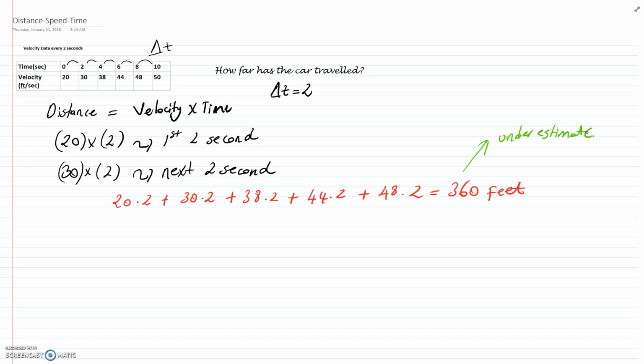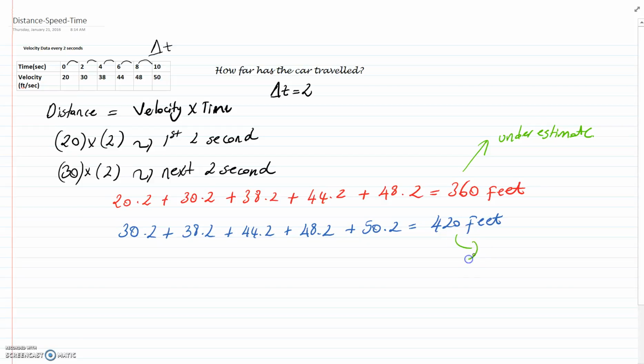So let's see that. If I can do this calculation: 30 times 2, 38 times 2, 44 times 2, 48 times 2, and 50 times 2. And that will give us 420 feet. So then that will be an overestimate.